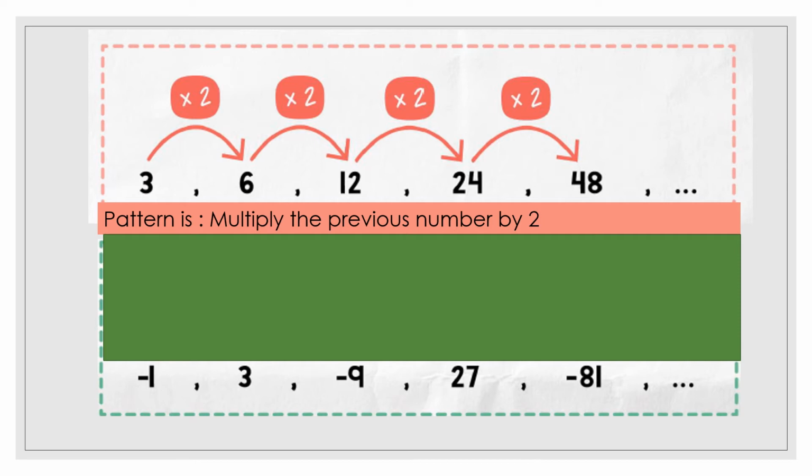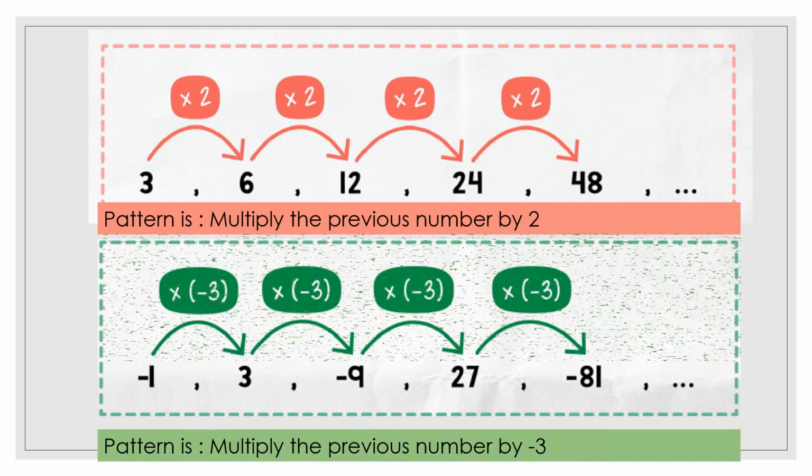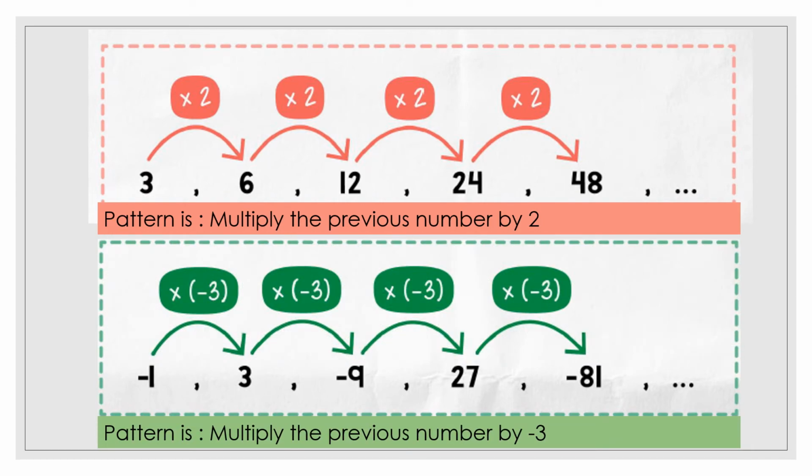What about the other list? -1, 3, -9, 27, -81. What is the pattern? The pattern is multiply the previous number by -3.